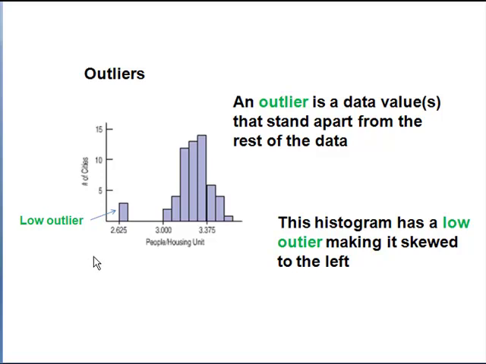In the next chapter, we'll be more formal about this, and we'll have a cutoff criterion for deciding if a data value is an outlier or not. For now, just be on the lookout for them.